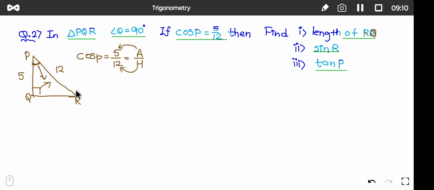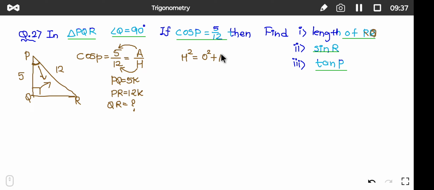So we'll apply the Pythagoras theorem first. Let us consider PQ is equal to 5k, PR is equal to 12k. So the remaining value QR we have to find out. So we'll apply the Pythagoras theorem. So what is the Pythagoras theorem? Square of the hypotenuse is equal to square of the opposite plus square of the adjacent. So the hypotenuse is here, PR.